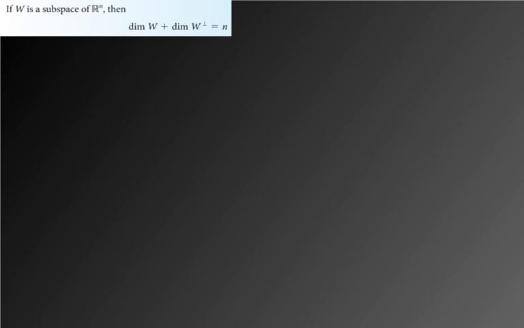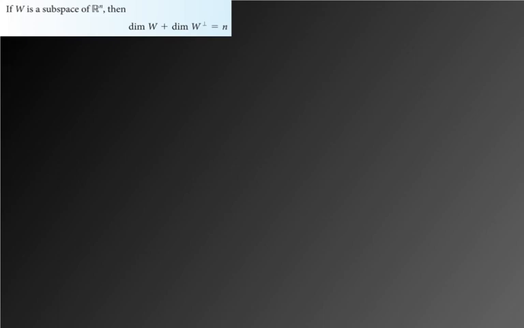It's like if you have that plane as W that I was talking about early on, and then you have W perp right here, and you're in 3D, you have 2 dimensions plus 1 dimension, and that equals 3 dimensions. That's pretty intuitive, but it's also a good example of proofs here.